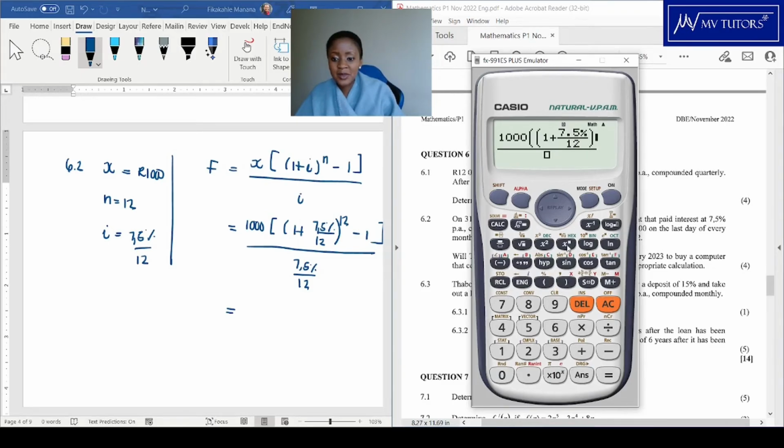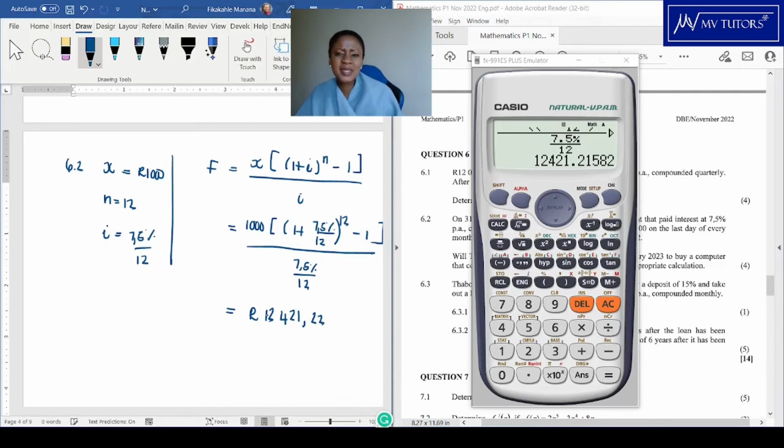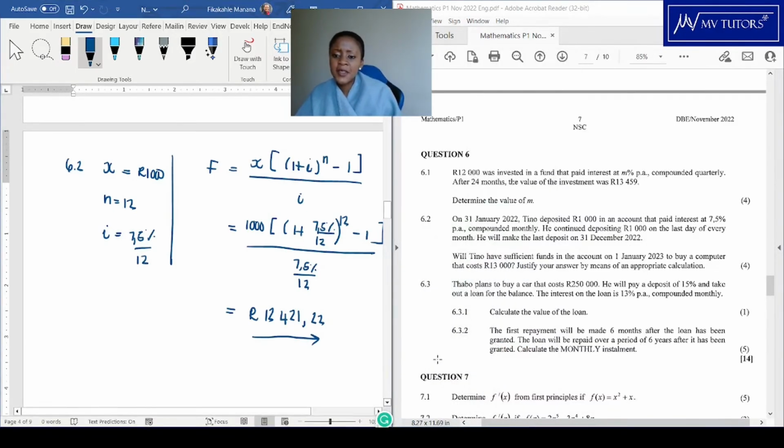And then to the power 12, minus 1, close brackets, divided by 7.5% divided by 12. Okay, so he would have gotten 12,421 Rand and 22 cents. That is not enough. He needs 13,000 Rand.